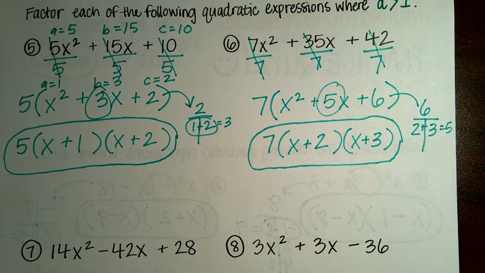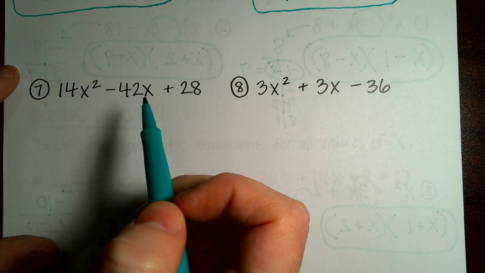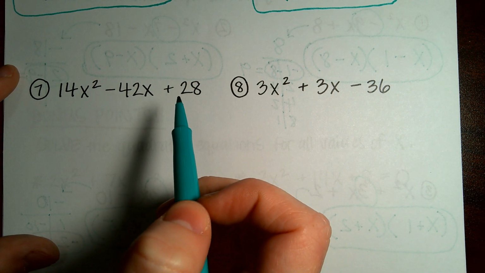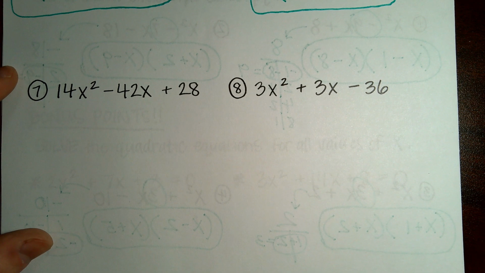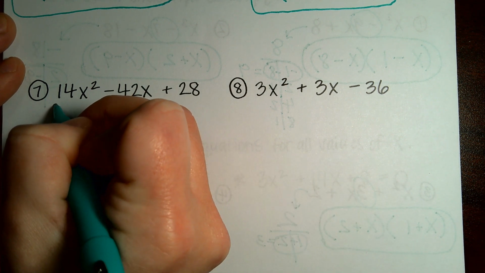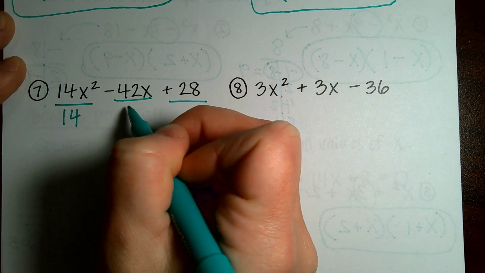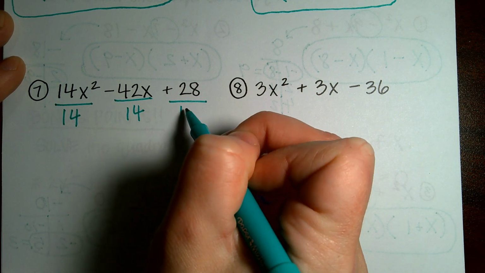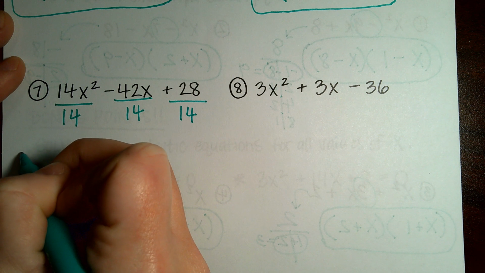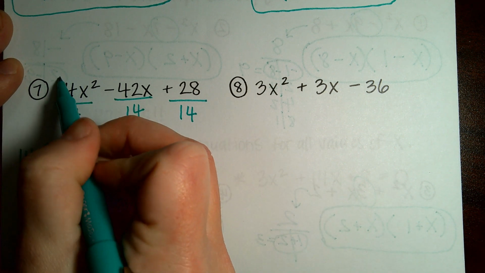Okay, let's go ahead. Number 7, I've got 14x squared minus 42x plus 28. Can I factor out any numbers? 14, are these all divisible by 14? All right, let's do it then. 14 on the outside, and let's see.